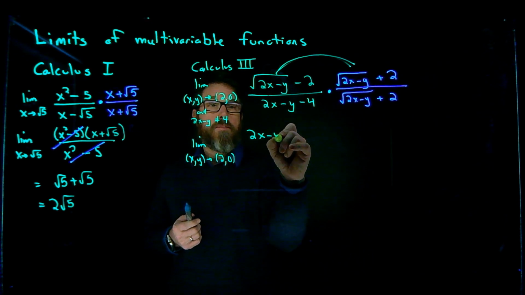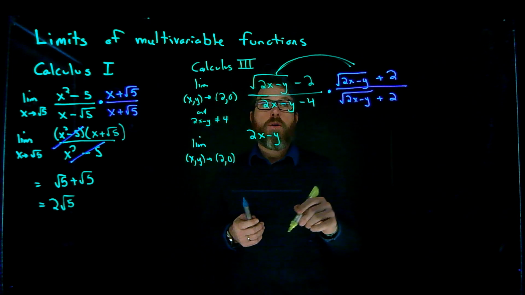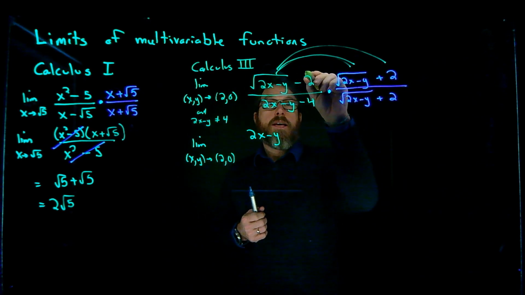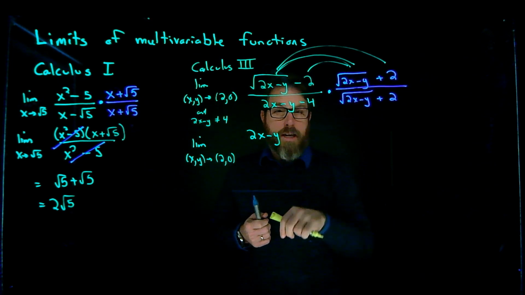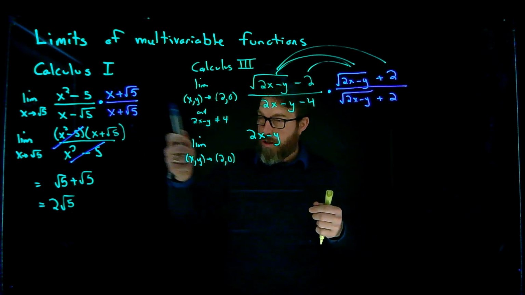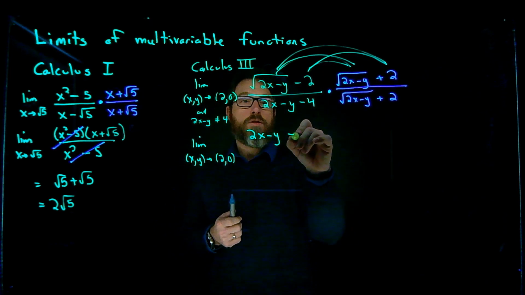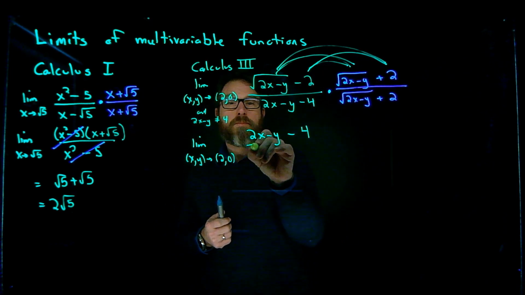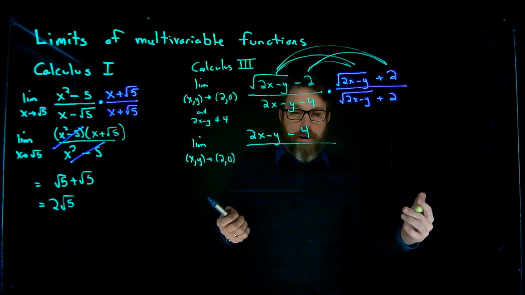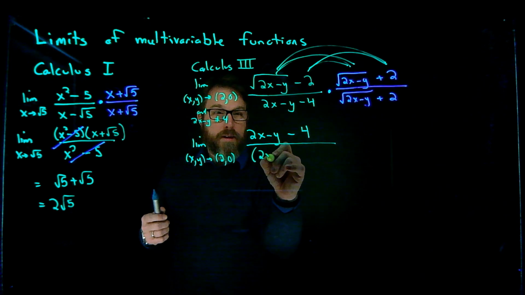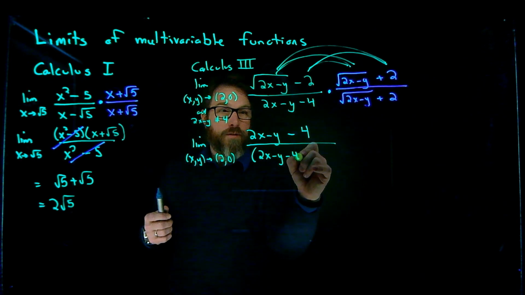So this is going to be 2x minus y. Now very similar. Outside is going to give me 2 of this radical. Inside is going to give me negative 2 of that exact same radical. So those will cancel just like what happened here. And then finally, 2 times negative 2 is going to be equal to minus 4. Now in the denominator, these are not conjugates, so we just write their product in this factored form.